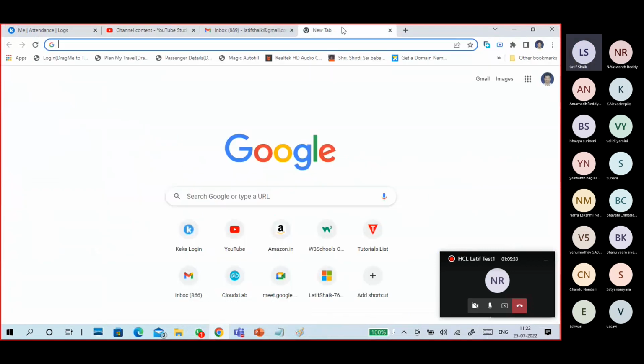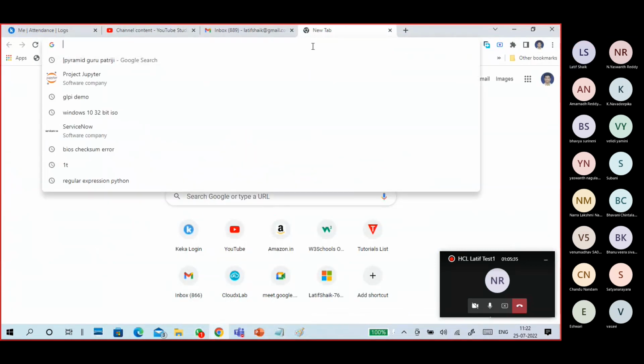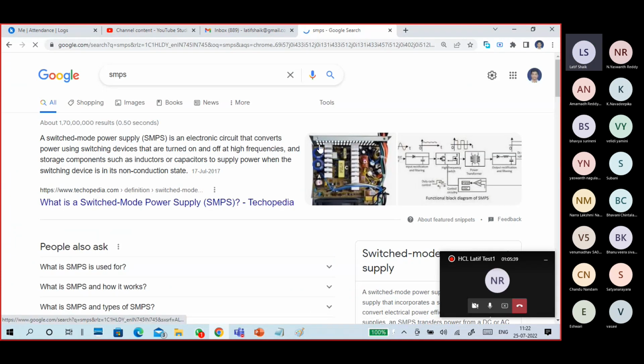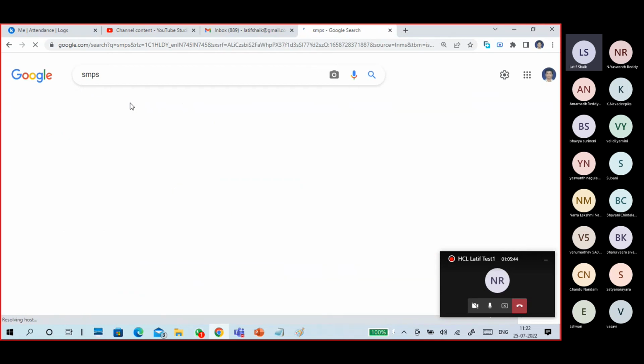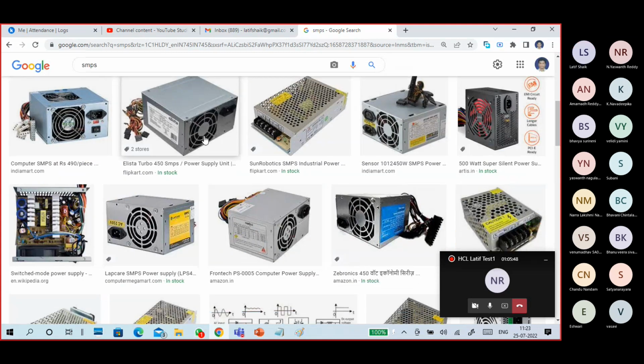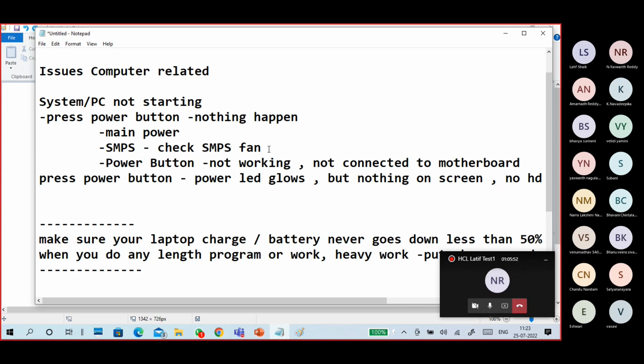This is a circuit diagram of the SMPS. We don't need the switch mode power supply details, guys. Can you see this is the fan, the outside fan? When the SMPS is on, the fan runs. Very simple thing.